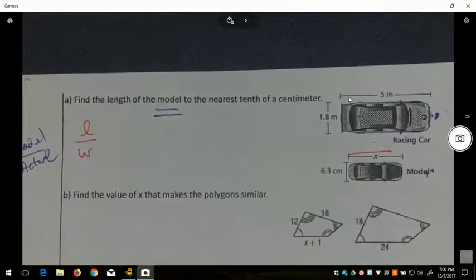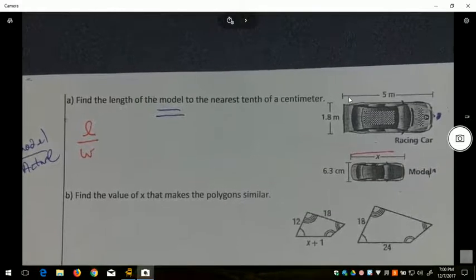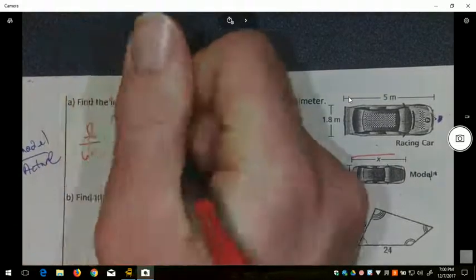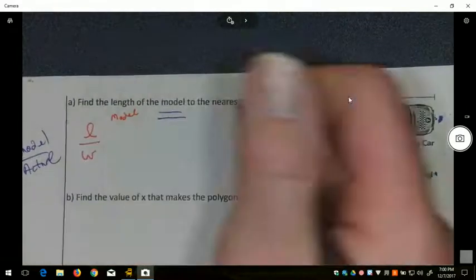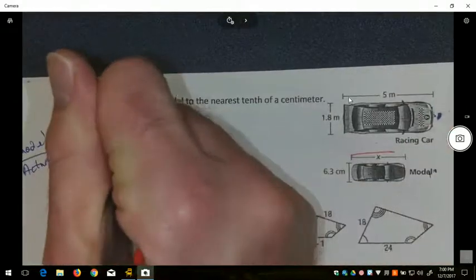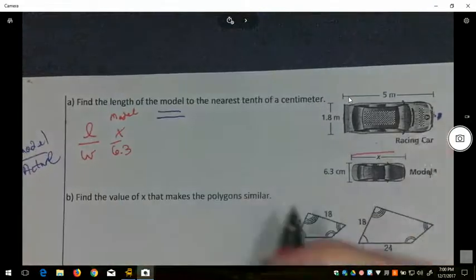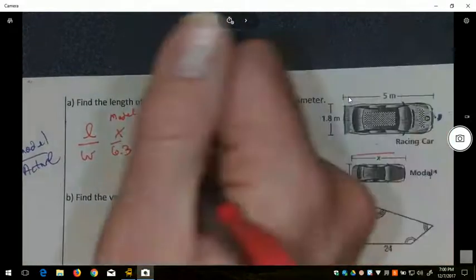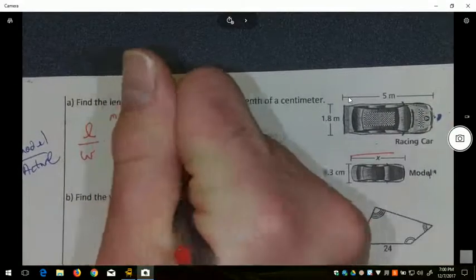Okay? Now there's two ways to do this. I can do length over width, this is the non-traditional way, not using the scale factor. The model would be x over 6.3, and then the length and the width of the actual car would be 5 meters over 1.8 meters.